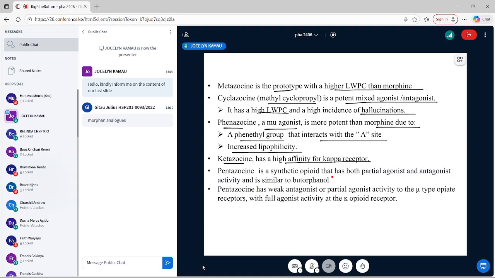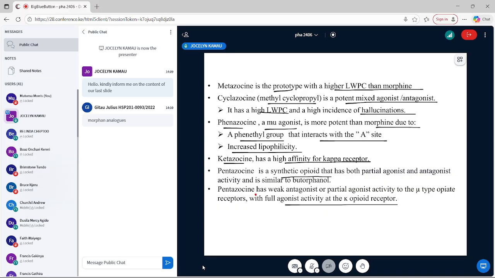Pentazocine is a synthetic opioid that has both partial agonist and antagonist activity, as we have mentioned. You can say it has weak antagonist or partial agonist activity at the mu opioid receptor, with full agonist activity at the kappa receptor. But although it has full agonist activity at the kappa receptor, the kappa receptor does not give maximum efficacy. It does not give as much analgesic activity as the mu receptor. The mu receptor is the one which is optimal for analgesic activity.